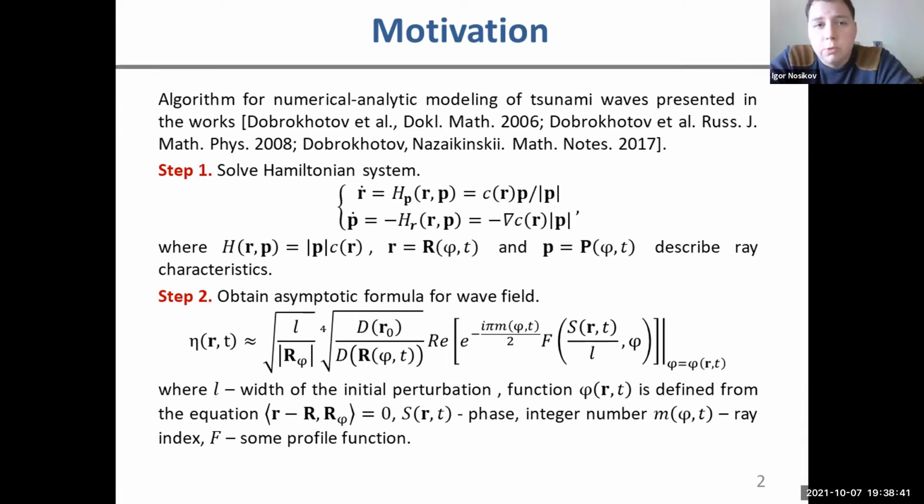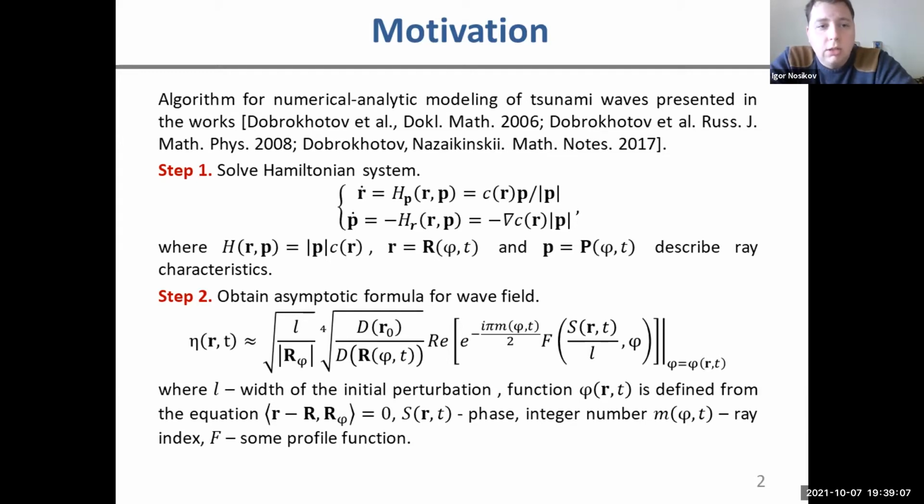Earlier, an algorithm for numerical-analytical modeling of tsunami waves was presented in works of Rakotov and co-authors. This approach provides fast and efficient calculation of the main parameters of tsunami waves and consists of two steps. On the first step, we have to solve a Hamiltonian system, the traditional ray tracing approach.